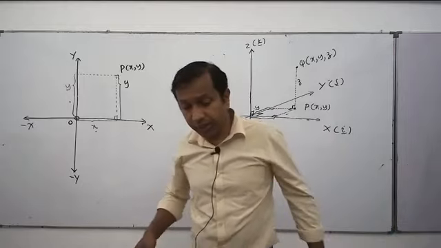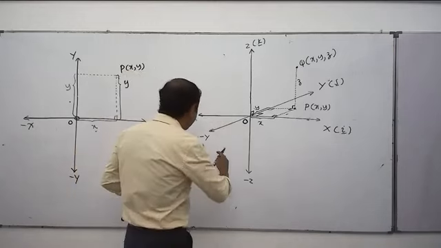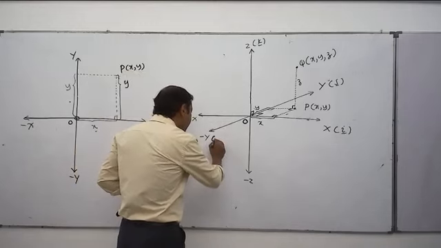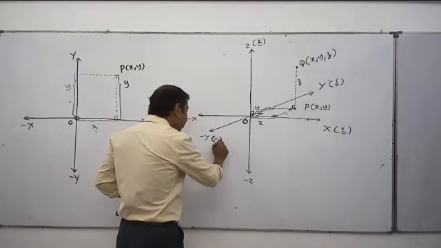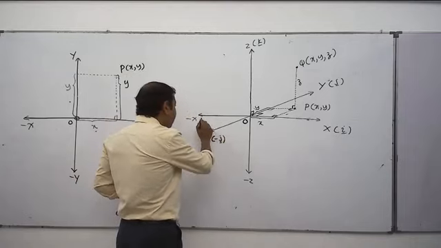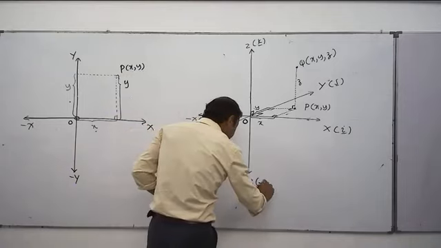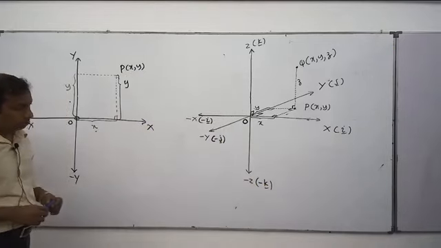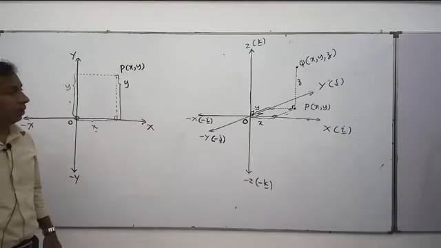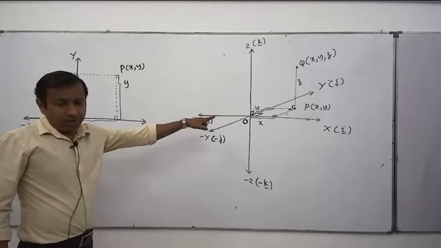People, now draw this second diagram. Minus j unit vector along this direction. Here minus i unit vector. Here minus k unit vector. Right? Draw this diagram.